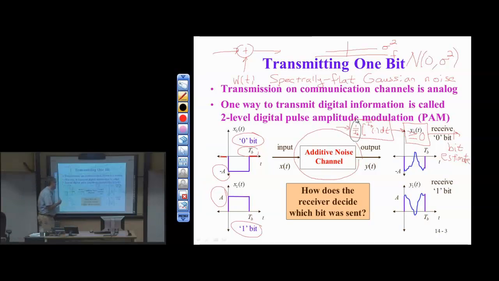In this case, it's 1 bit per symbol, and so 1 bit period is the same as 1 symbol period. Okay, so how do you average over 1 bit? Well, this averaging is happening in continuous time, so I'm averaging whatever I receive over the time interval from 0 to T sub B.